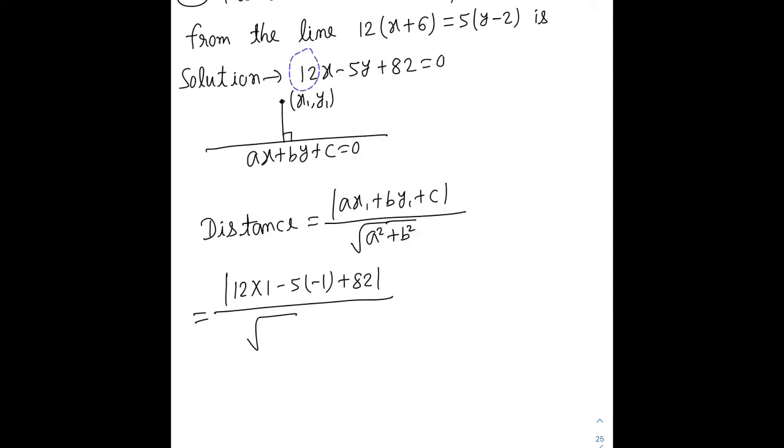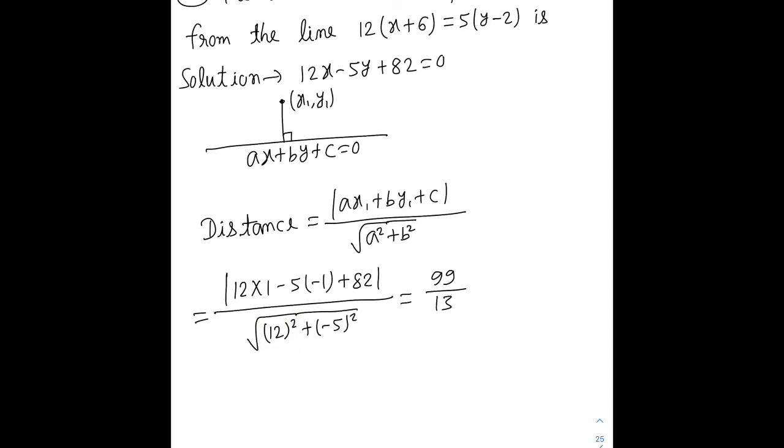So the coefficient of x is 12, the coefficient of y is minus 5. So you will get 12 square minus 5 square. Okay, then you will get over here 12 plus 82, that's nothing but 94, and this is 5, that's nothing but 99.